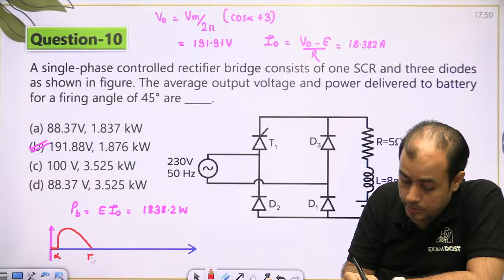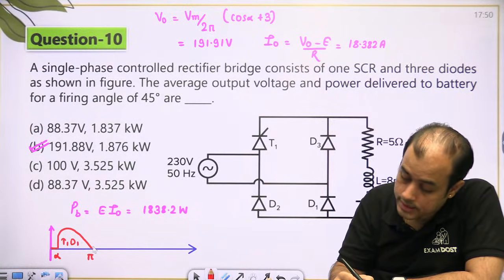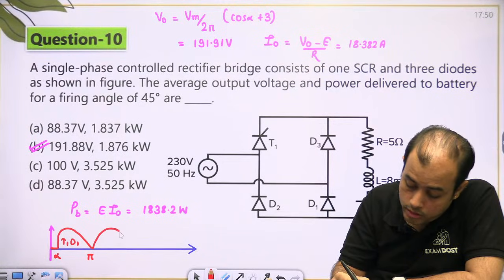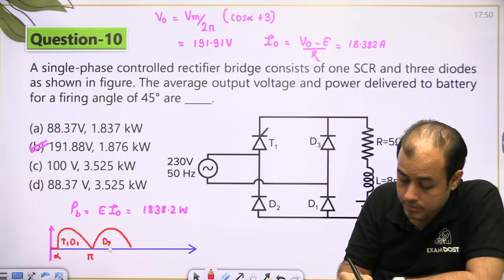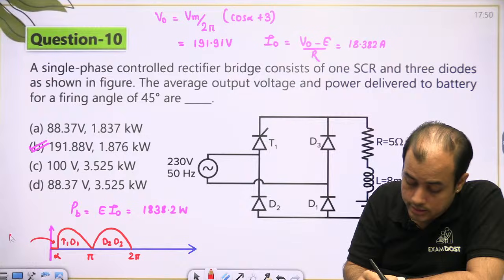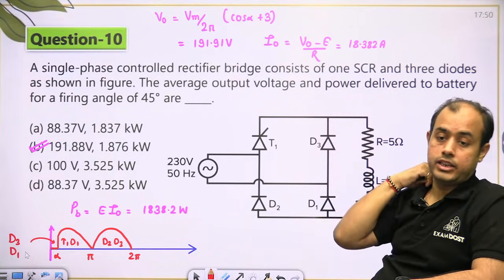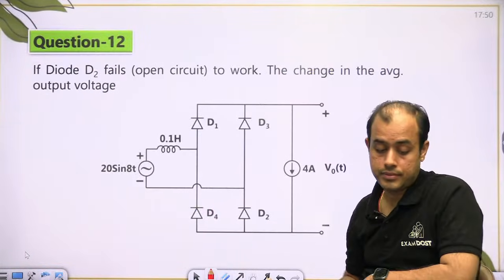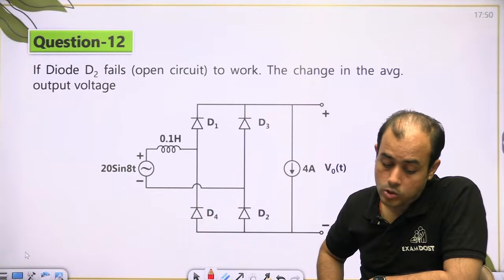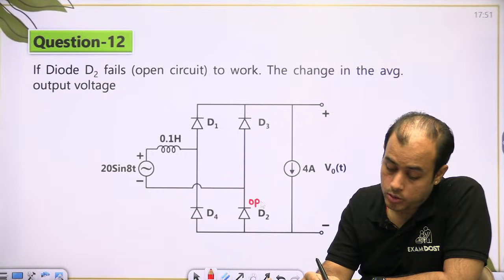Then alpha to pi D1 D1 and then pi to 2 pi D2 D3 like this. And here until T1 turns on D3 D1. That is why you get a freewheeling action.